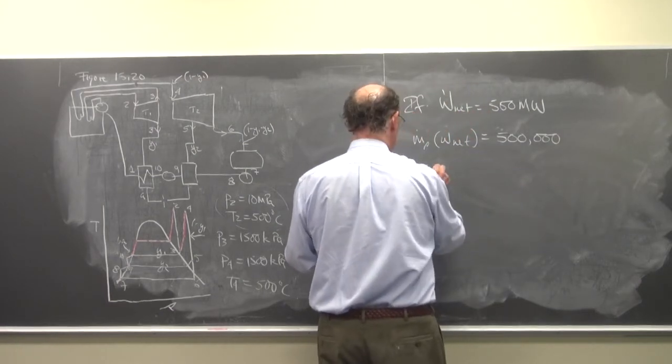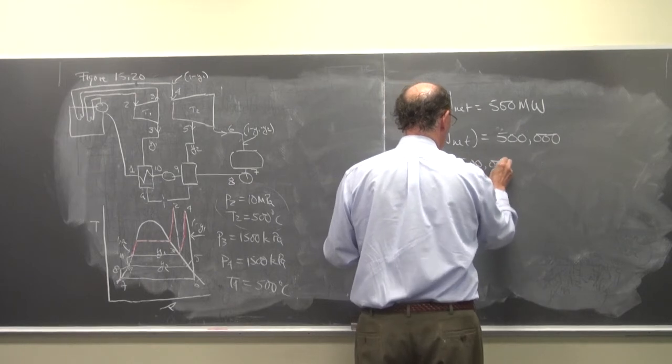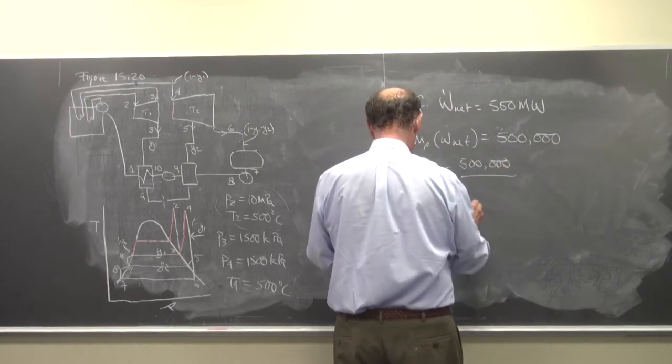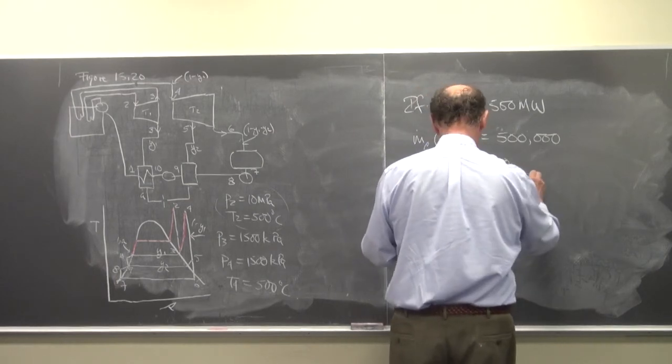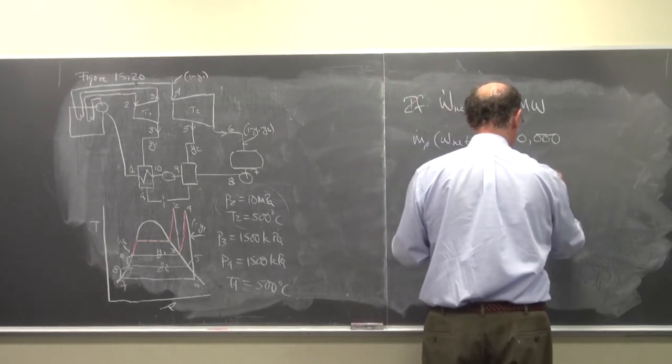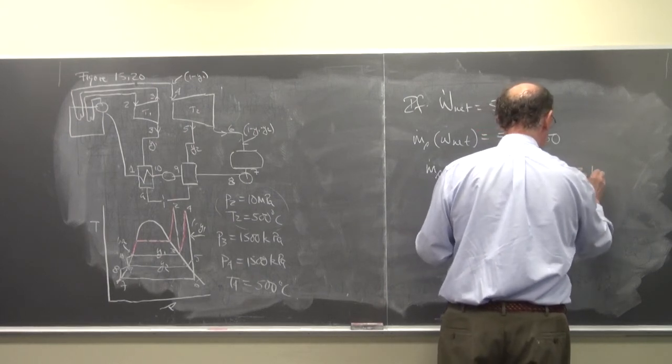So m dot s is 500,000 divided by 1363.4, is equal to 366.73 kilograms per second.